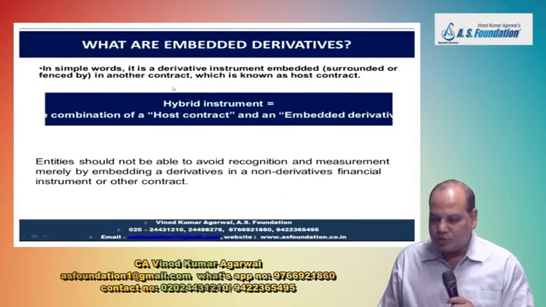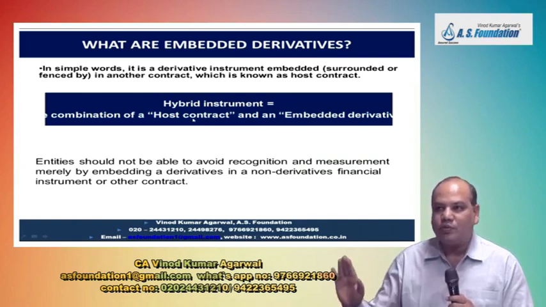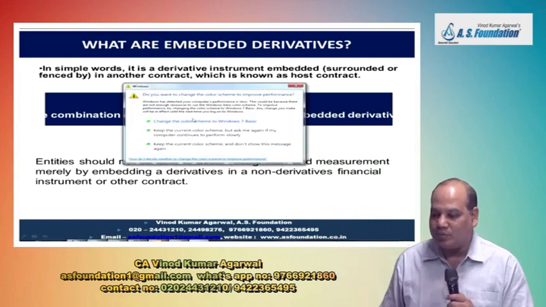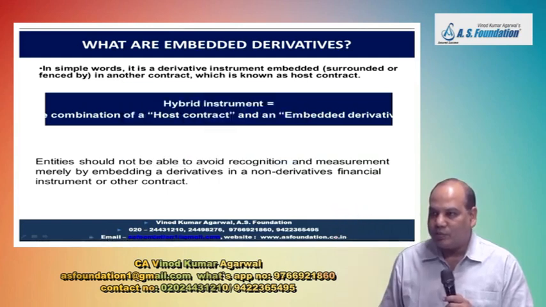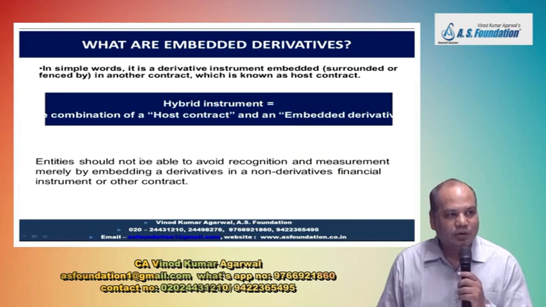Okay. So basically it's a hybrid instrument which contains one host contract and one embedded derivative. You have studied compound instrument some days back. Compound instrument was from the point of view of issuing company. But when you are an investor, a similar instrument becomes for you an embedded derivative.